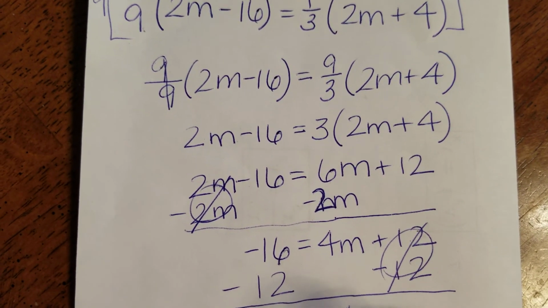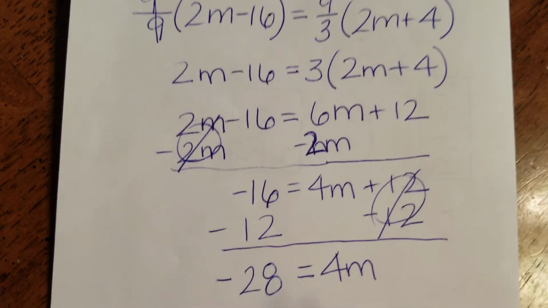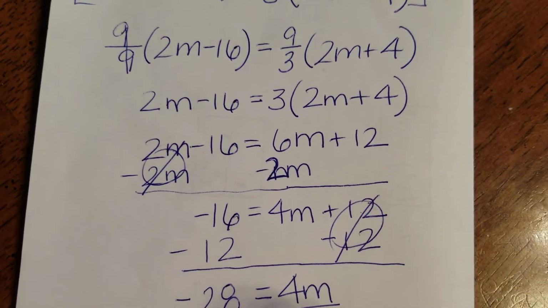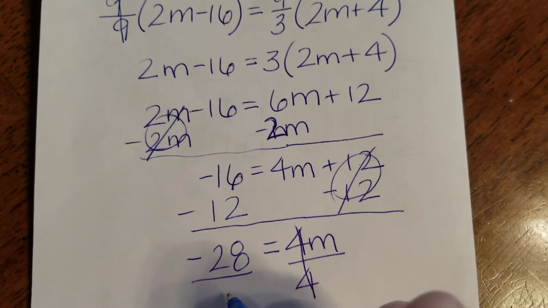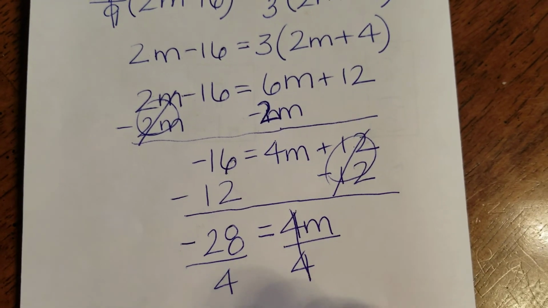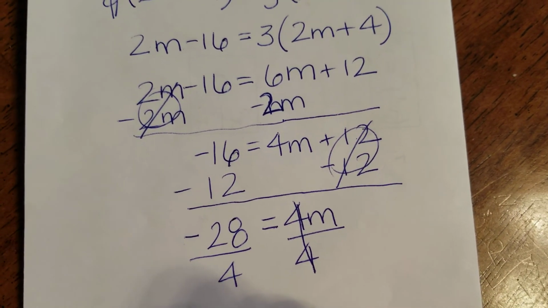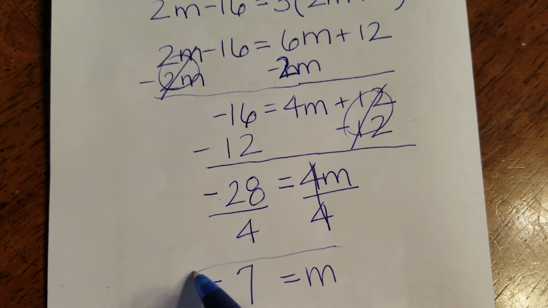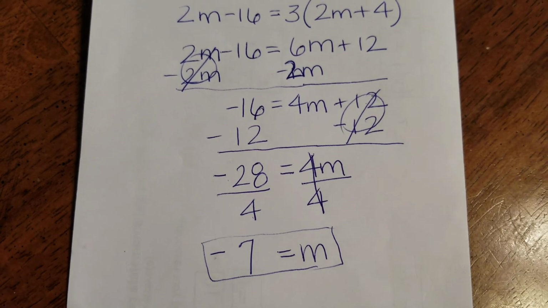So now 4m is equal to negative 28. Now we're going to divide both sides by 4 because we want 1m. That's going to give us m equals negative 7, because a negative divided by a positive is negative. So negative 7 is our value for m. Okay?